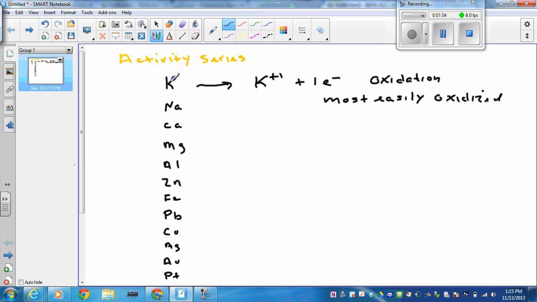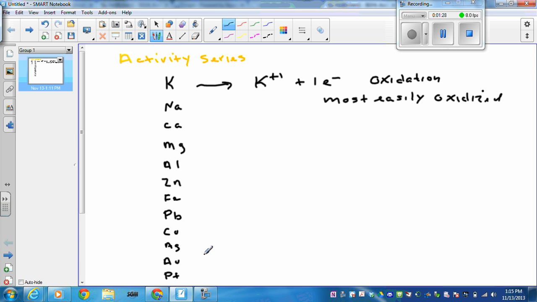We know, for example, that potassium and sodium are stored under oil to protect them from air and to protect them from moisture. Way down at the bottom, we have things like platinum, gold, silver, and copper. We know that gold is used, for example, as electrodes on electronic devices because it doesn't react with oxygen very easily. It's not very easily oxidized.